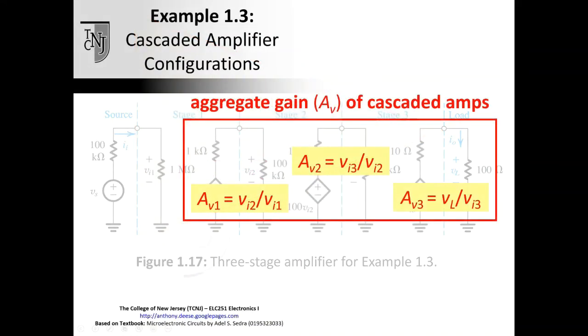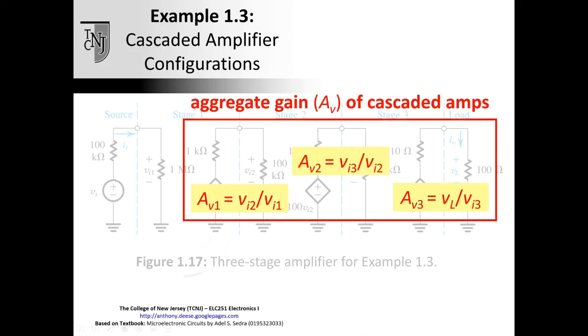Okay, so let's categorize these gains. We have the ratio between V-in1 and Vs. We have V-in2 over V-in1, V-in3 over V-in2, VL over V-in3. 4 different gains. We only have 3 amplifiers, though. So what's the 4th value?